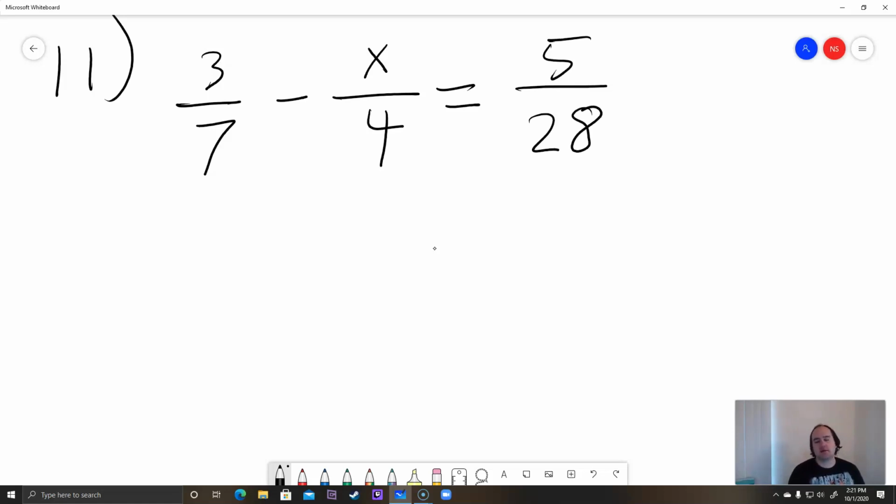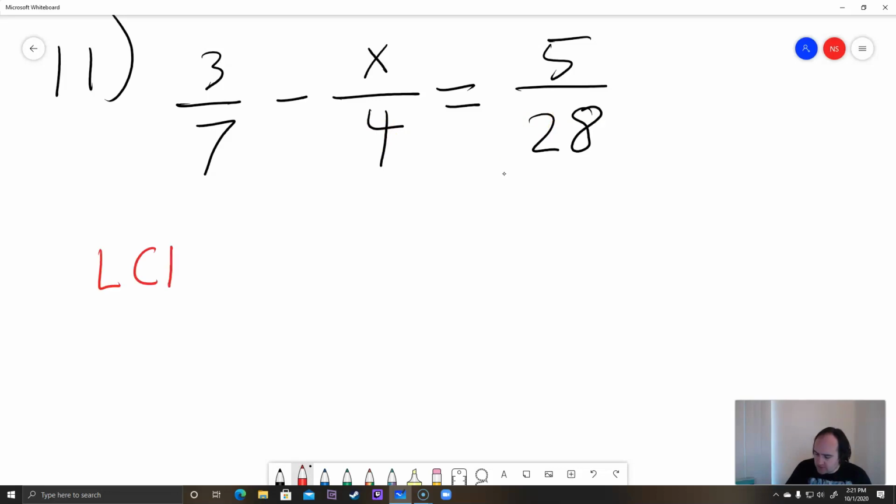So what we've got to do here is, since everything has a fraction, we have to build all of these fractions so that they have the same denominator. Okay? So we need to find the LCD of 7, 4, and 28.